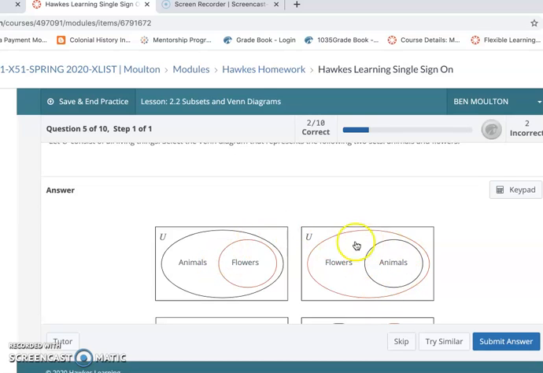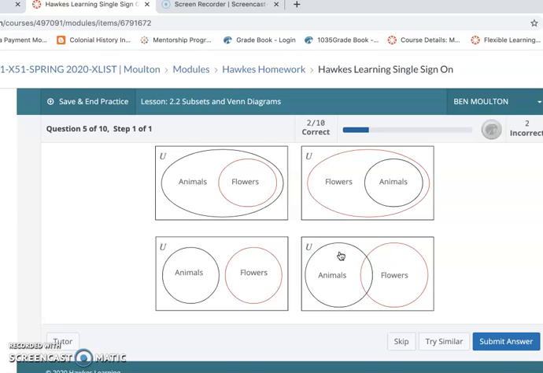Here we're saying all animals are inside of flowers. That's not the case either. And here we're saying animals and flowers are 2 totally separate things. And then here we're saying that animals and flowers are 2 separate things, but there's a link here saying that there are some animals and flowers. So the question is, well, which one's which?